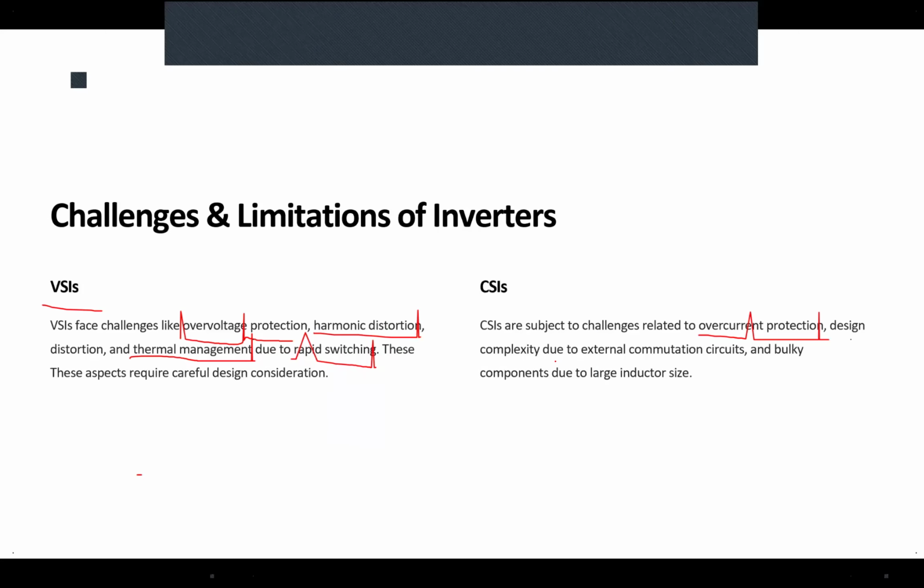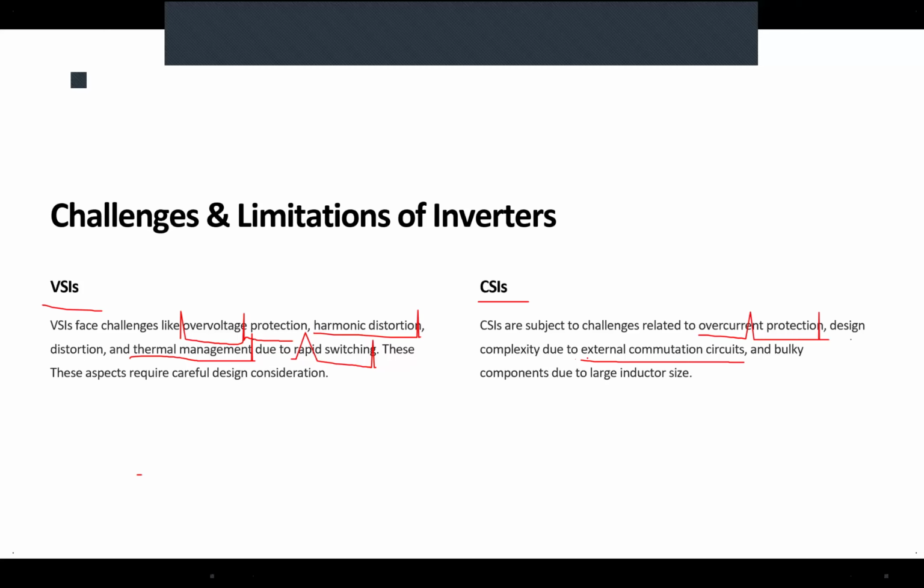Okay, and another challenge we already mentioned, that I wanted to insist on because it's very important when you want to talk about the CSI, is the commutation. Remember, in CSI you need more control, a more complex control system.